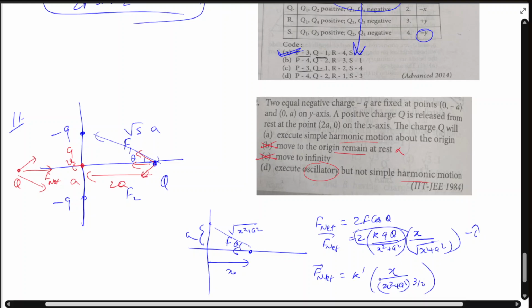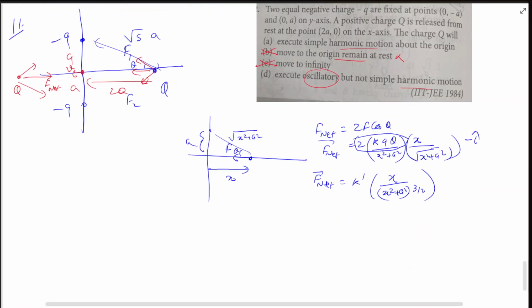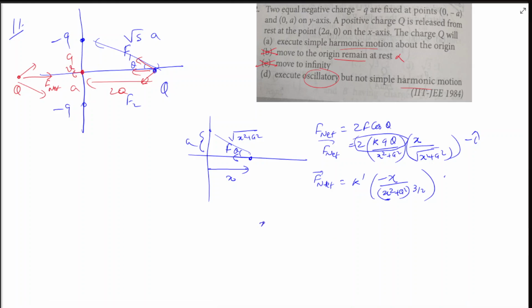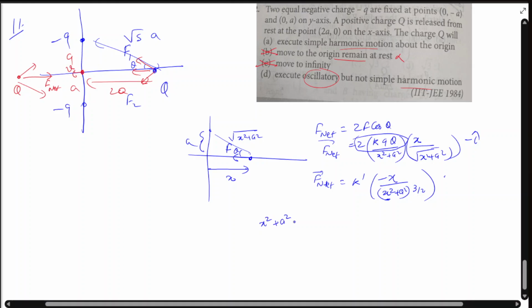Now it looks like F is minus kx, but no. x is also in the denominator. So you will say, sir, let's do this: x square plus a square will be approximately a square. But it is wrong because x is 2a, which is actually more than a square. So we cannot use this approximation.